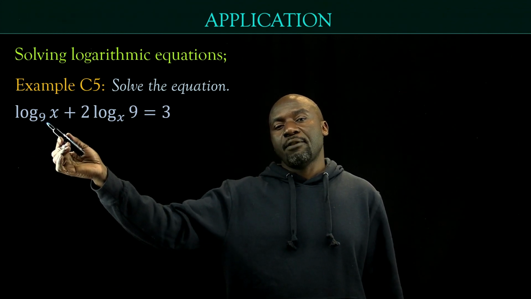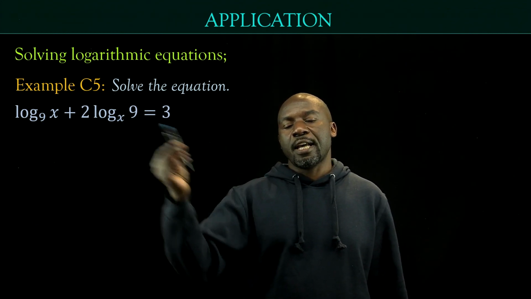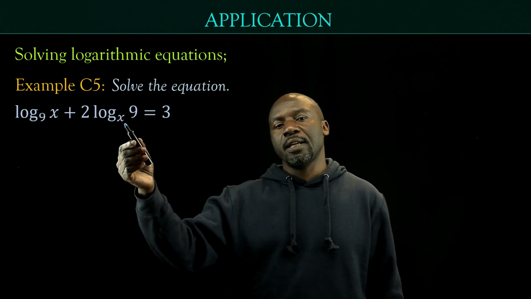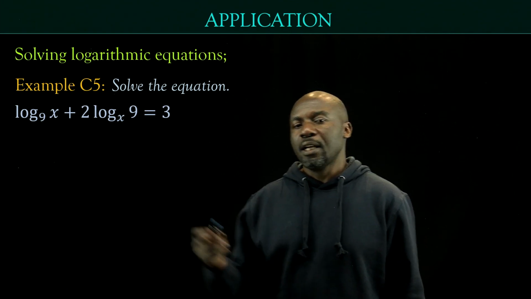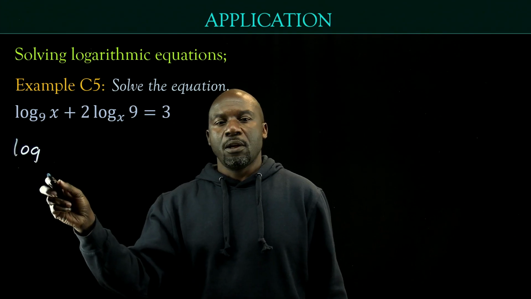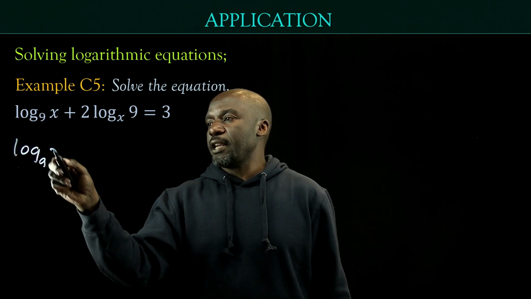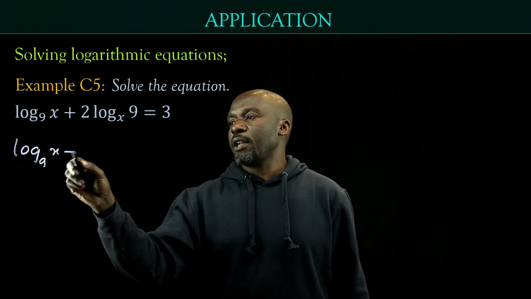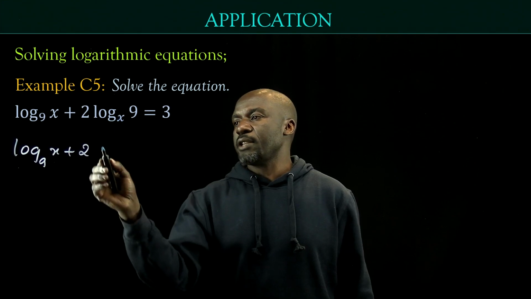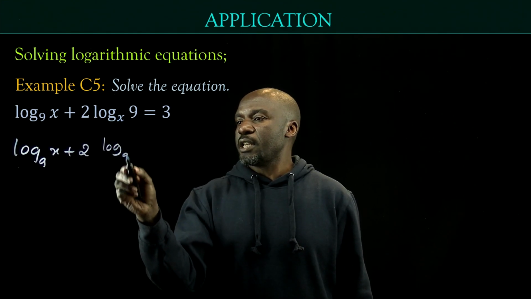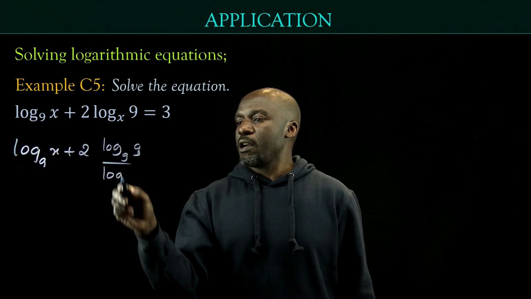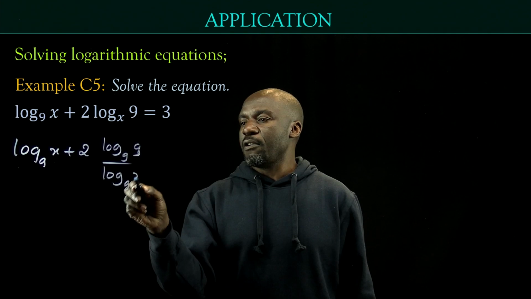So again, I have log to base 9 here and log to base x. So of course, we need to change base, and we are going to change so that everything is under base 9. So then I'm going to have log to base 9 of x plus 2, and this I will change under base 9, so I'll have log to base 9 of 9 divided by log to base 9 of x.